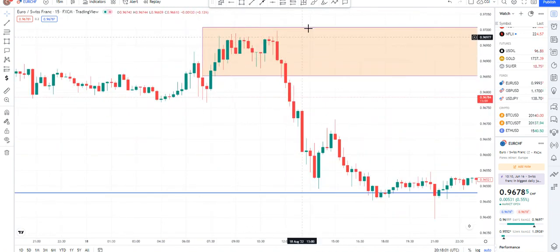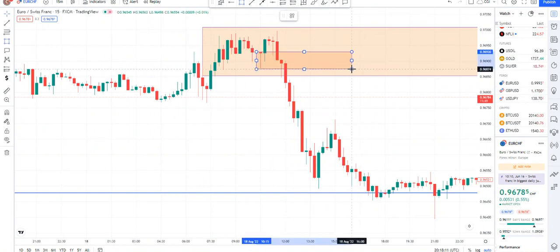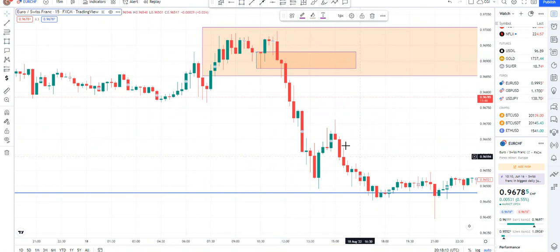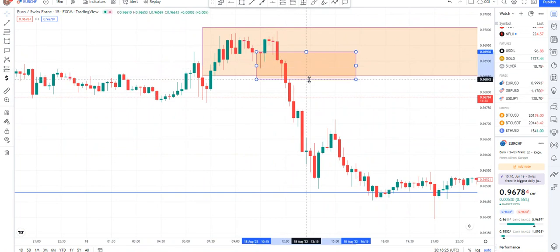So we have a push higher, a tiny breaker block right there. Price came down, mitigated the breaker block, and we continue pushing down. So basically this place where I pushed up, that would be a nice zone for me.